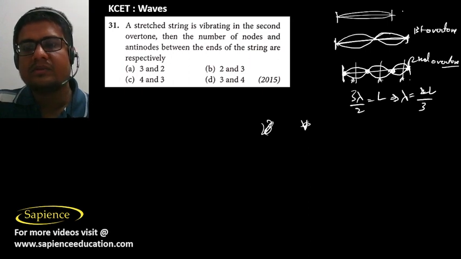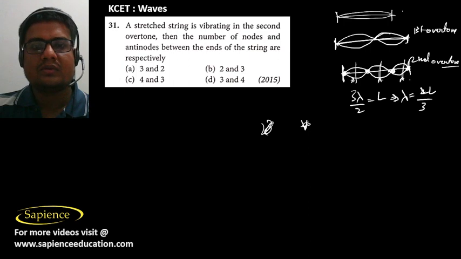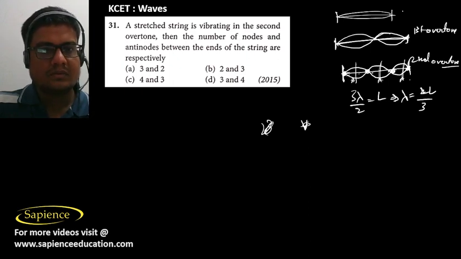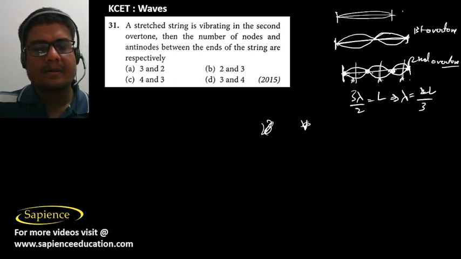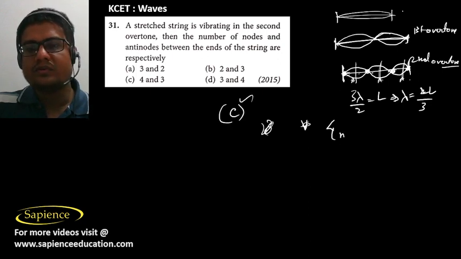Counting the nodes, 1 2 3 4, so we have 4 nodes and 3 antinodes. So option C is the correct answer, since we have 4 nodes and 3 antinodes here.